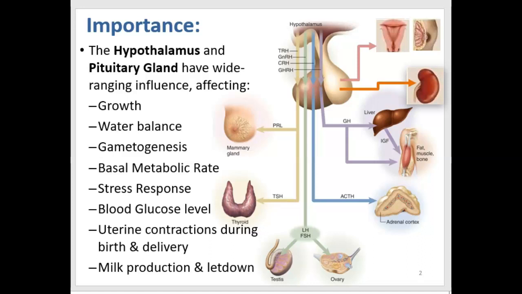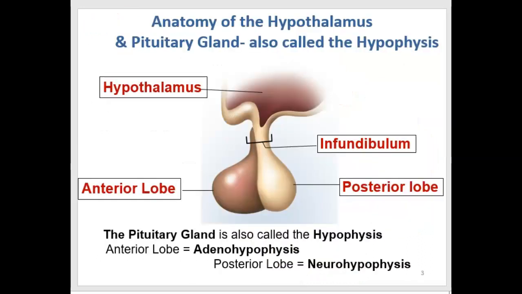The first part that we're going to do is look at the anatomy of the hypothalamus and the pituitary gland to understand how they are anatomically connected, and then we will look at the individual hormones made by the hypothalamus and then the hormones made by the anterior pituitary gland, or the pituitary gland in general.